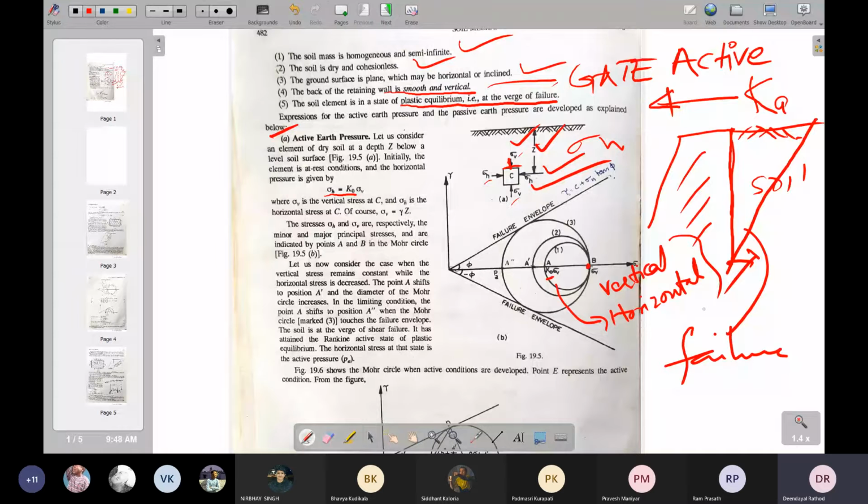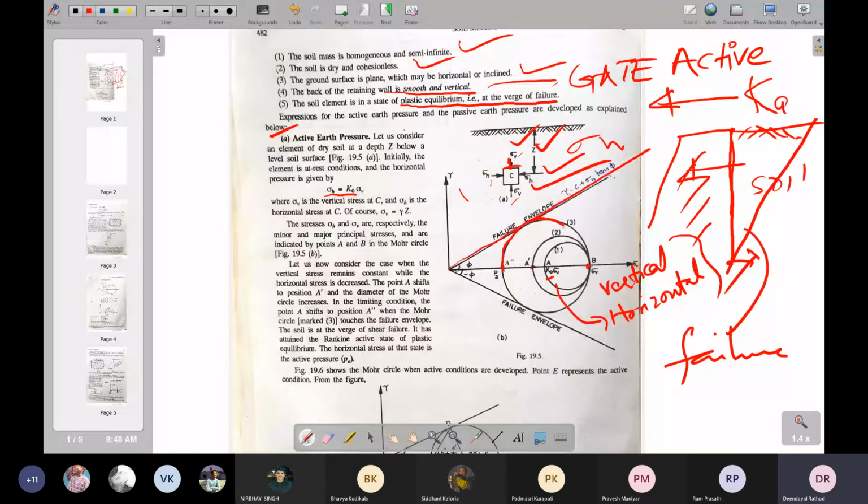The vertical is constant, but the horizontal is decreasing because the wall is moving away from the soil. This horizontal stress is reducing. When you draw the circle, it keeps shifting, and when it reaches the failure envelope, the soil will fail.